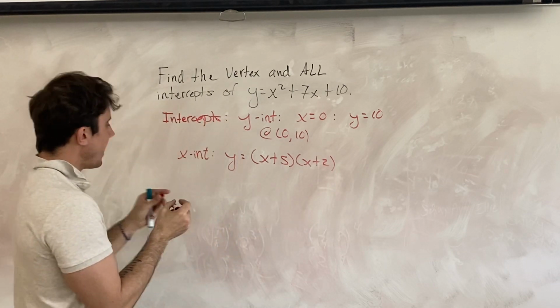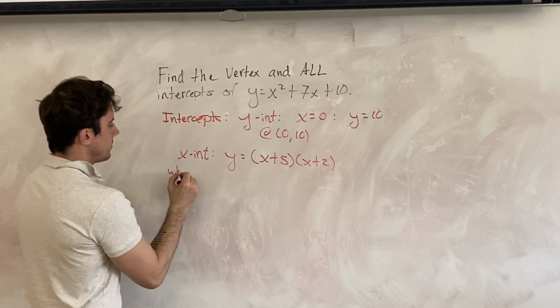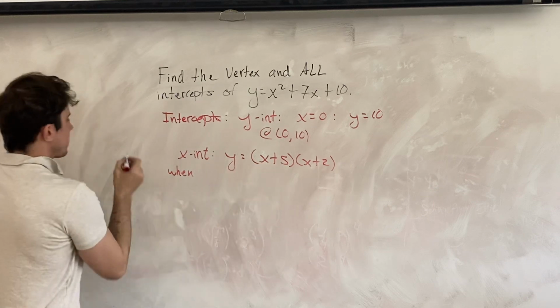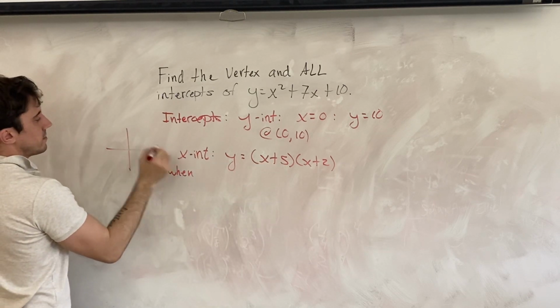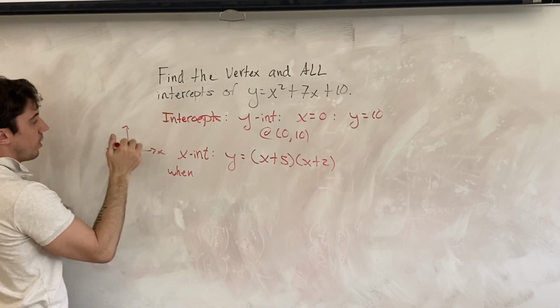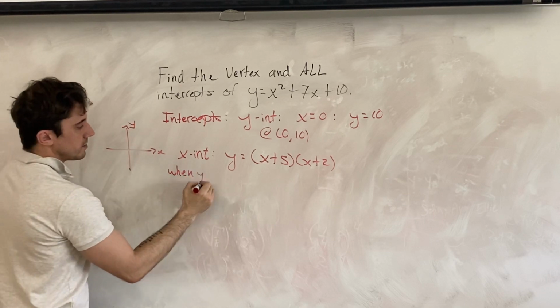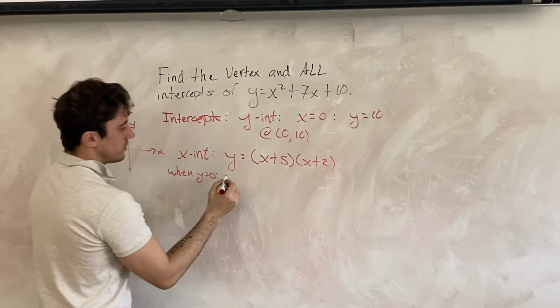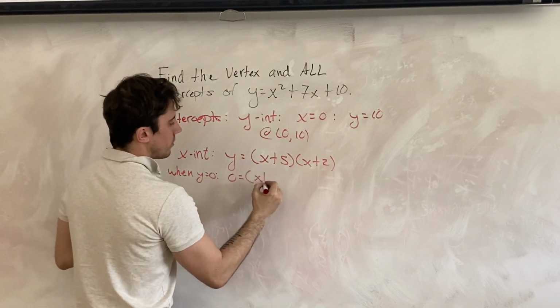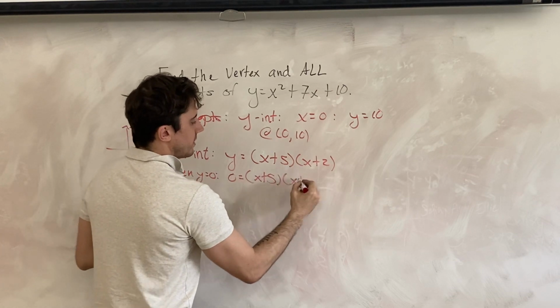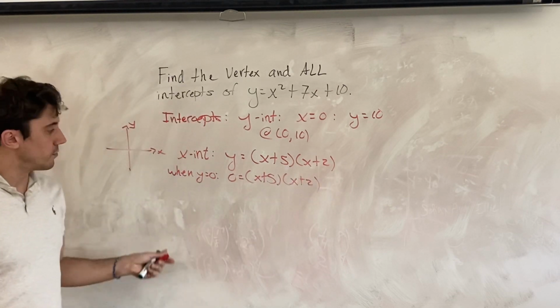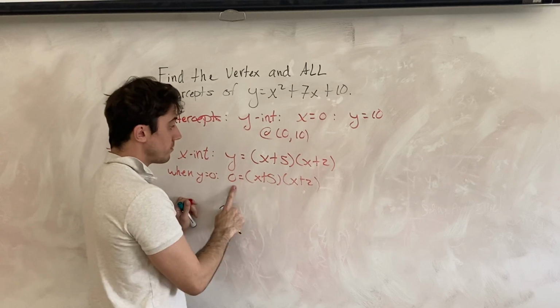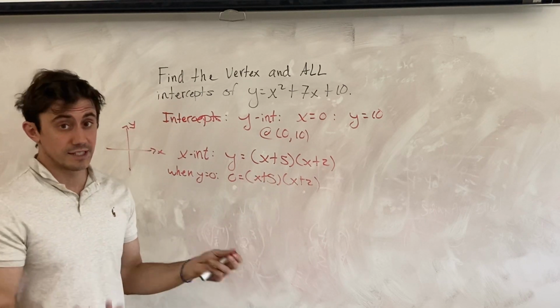And so the x-intercepts are when we are on the x-axis, right? And if we're on the x-axis, then y is equal to 0. And so we set y equal to 0, and we get 0 is equal to x plus 5 times x plus 2. Now you know that for two numbers to multiply to make 0, at least one of them has to be 0, right?